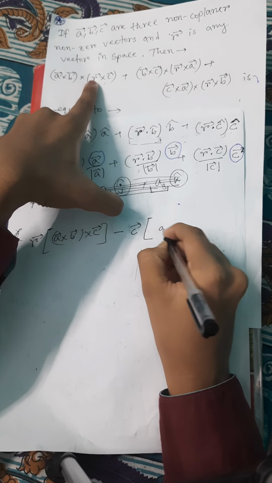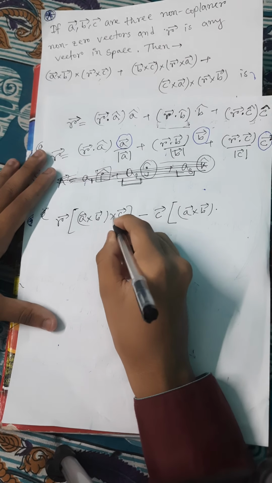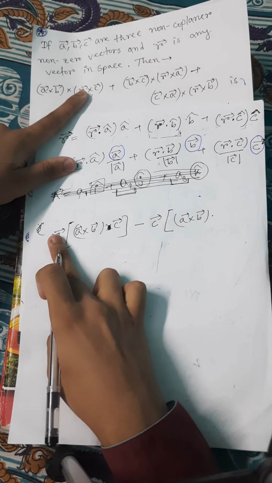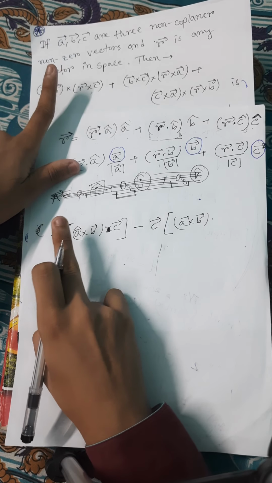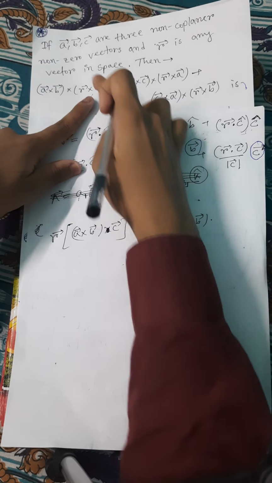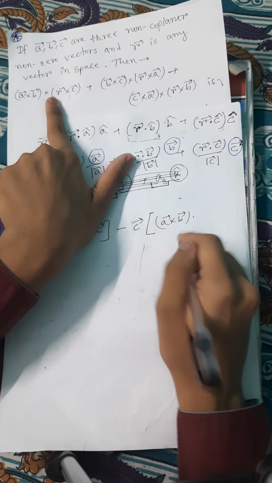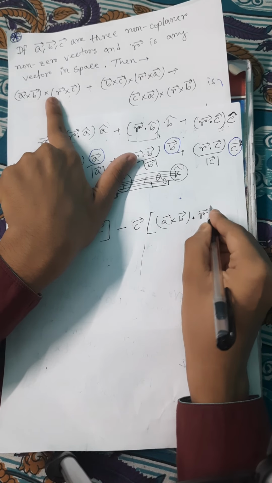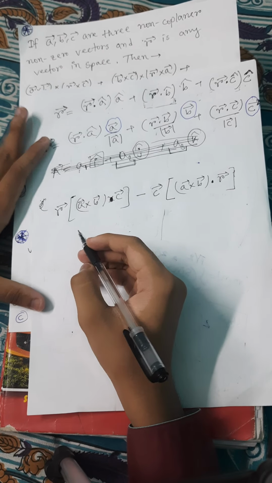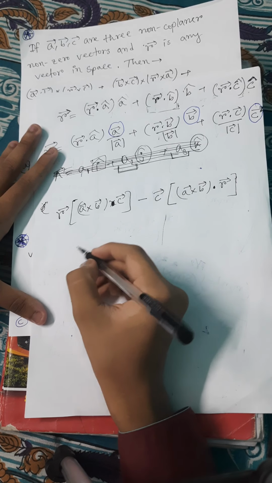So that A cross B, I taken here, dot, A dot will be there. R vector, isolate R vector, this vector dot C, isolate C vector, this vector dot R. Okay, this is the thing.